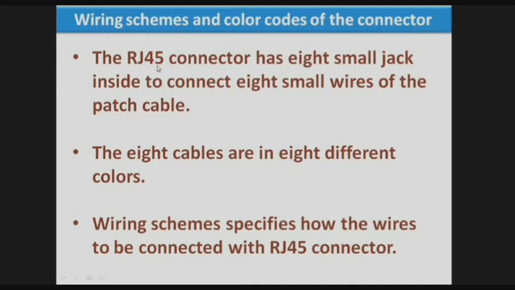So inside the RJ45 connector, we are going to connect the 8 small wires of the patch cable. The 8 wires are in 8 different colors, as I mentioned before. With the help of a wiring scheme, we can specify how the wires are to be connected with the RJ45 connector.